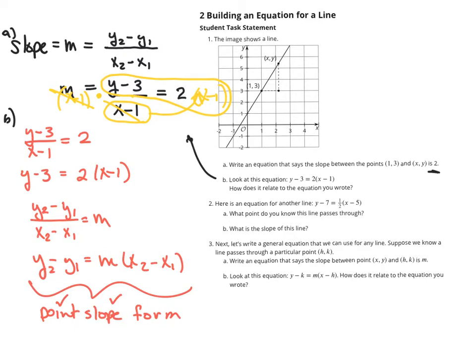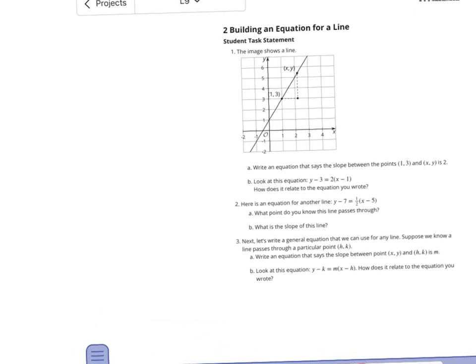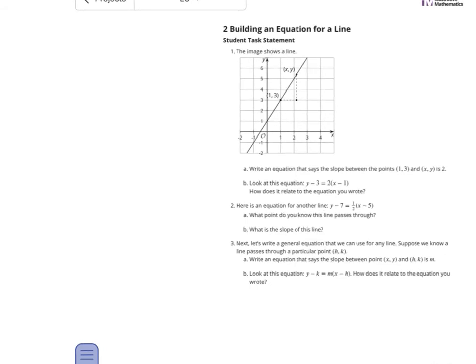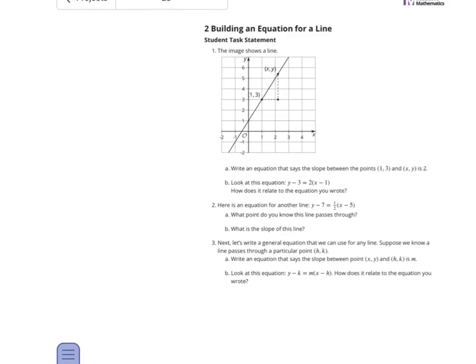All right, I need to start over with a new slide. I've used up too much space. So we've already done that first question, and A and B, so let's look at 2. Here's an equation for another line, y minus 7 equals 1/2 x minus 5. What point do you know this line passes through?